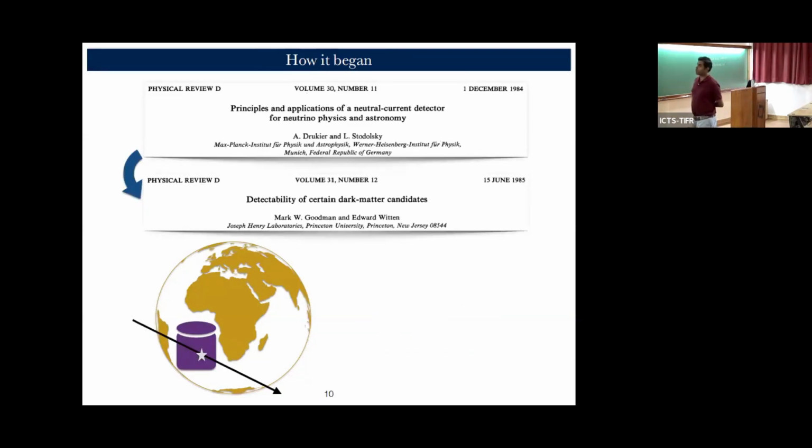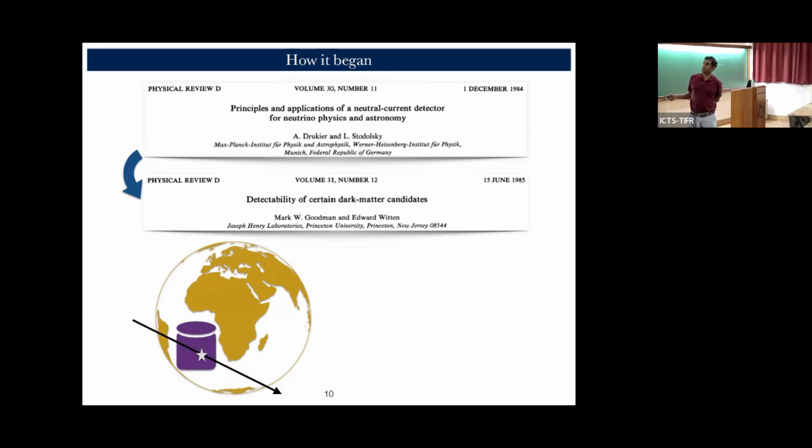And how did it all begin? This is what I mean by intimately connected history with neutrinos. It was actually a proposal to look for coherent nuclear scattering of neutrinos, which has been finally done now with the COHERENT experiment, right?